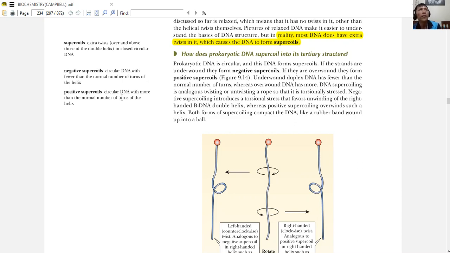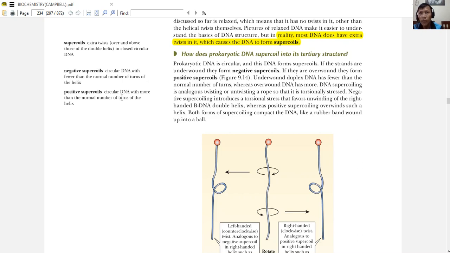in its most stable energy state, it is supposed to coil. You have usually 10 base pairs for every coil.